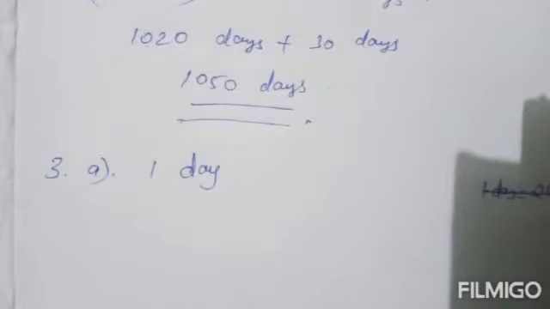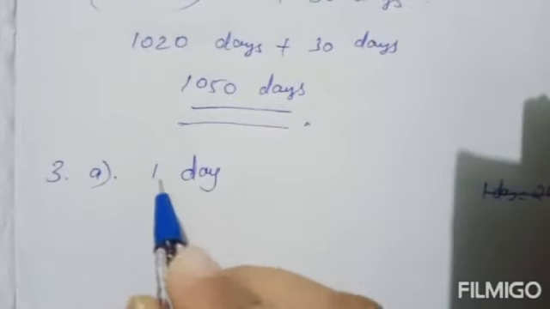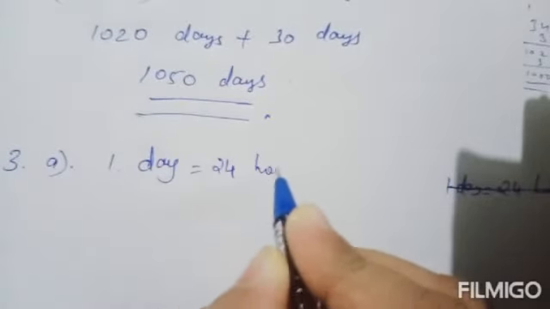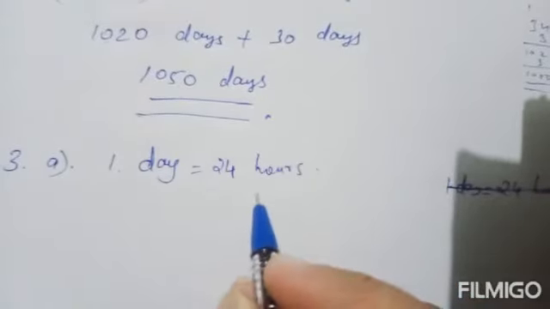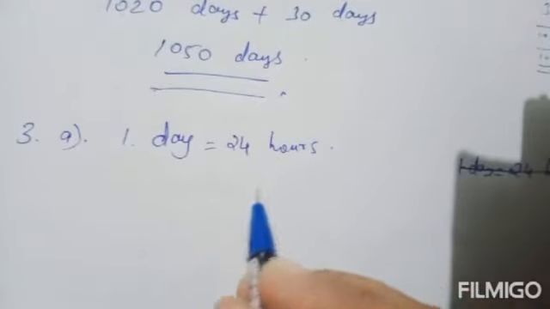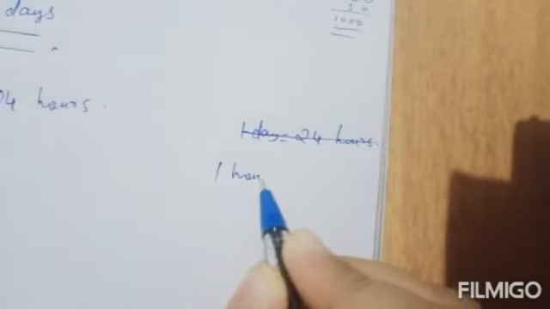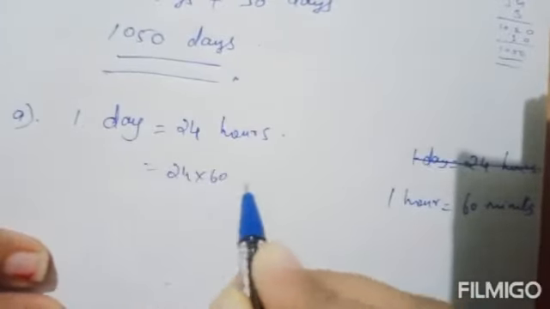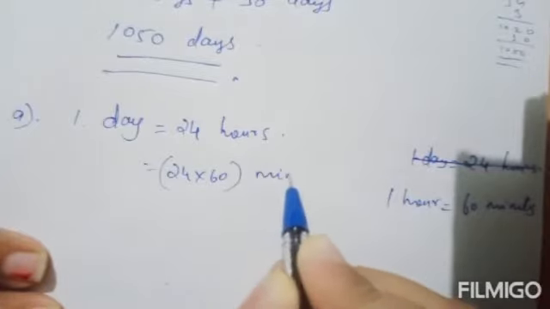Third one, convert one day into seconds. So we know 1 day equals 24 hours. In 1 day 24 hours are there. This hours we can convert to minutes. We know the relation, 1 hour equals 60 minutes. So 24 hours will be 24 into 60 minutes.